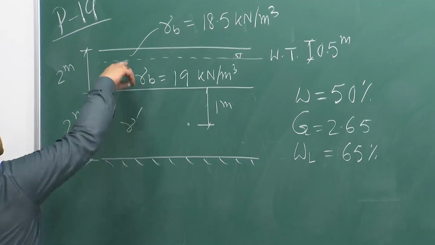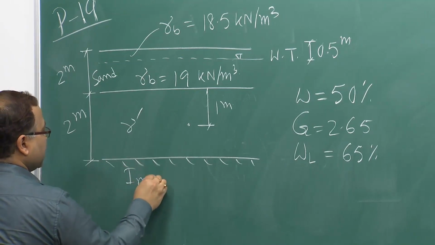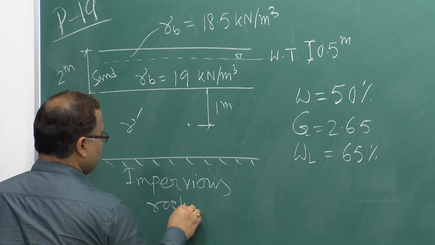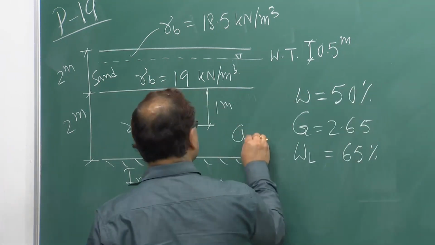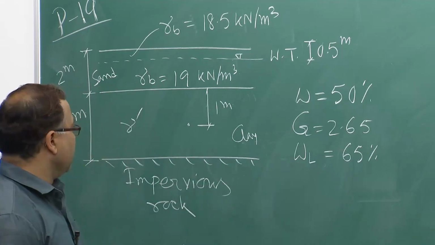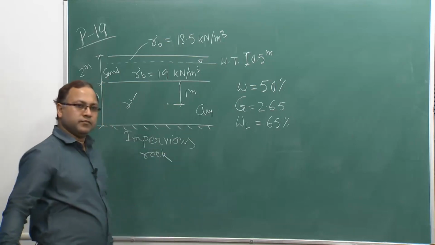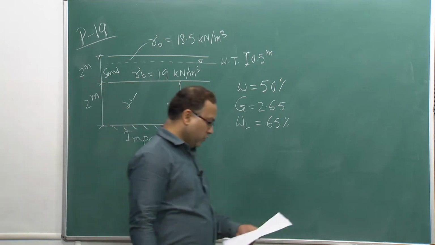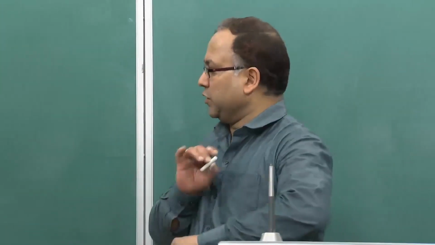So, this is the deposit, the top layer is dense sand, you have the impervious rock, and this is your clay. Okay. Now, you need to find out the average settlement at the middle of the clay layer, and you need to find out the time required for 90% degree of consolidation. So, these two things are required.